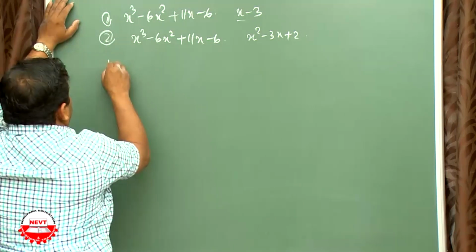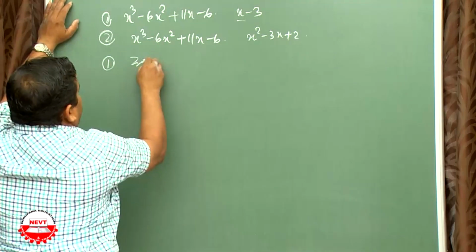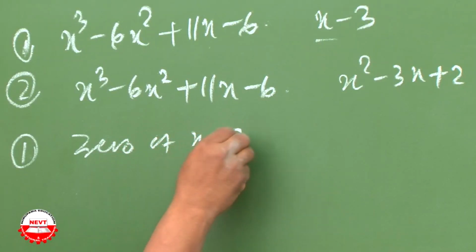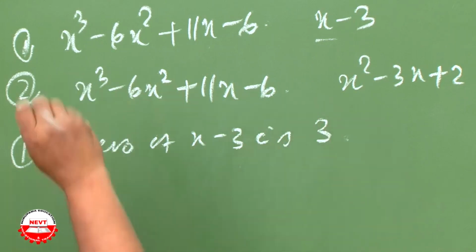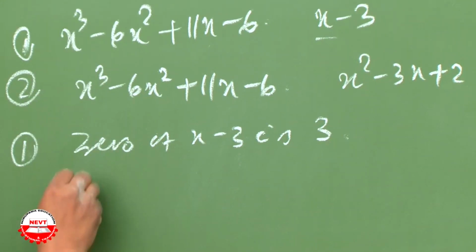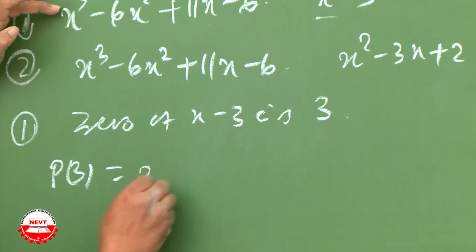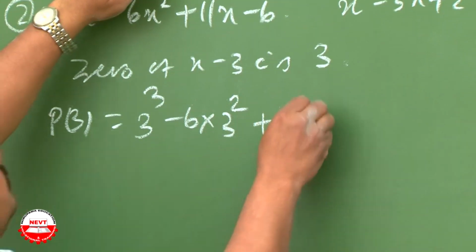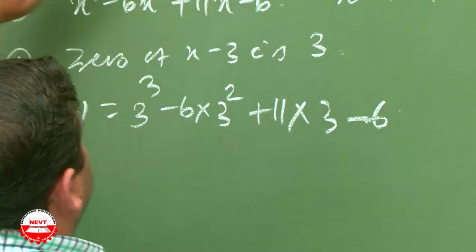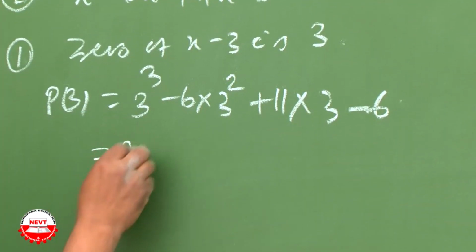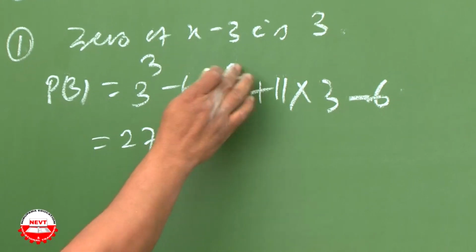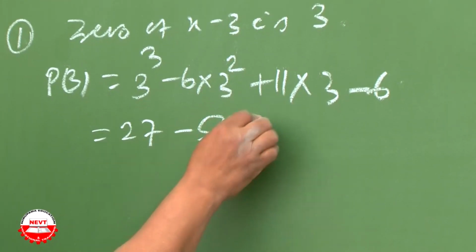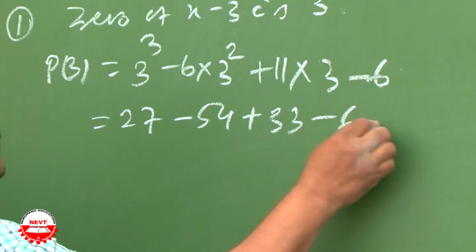In the first case, the zero of x minus 3 is 3. So what is P(3)? 3 cube minus 6 into 3 square plus 11 into 3 minus 6, okay, is equal to 27 minus 9 into 6, 54, plus 33 minus 6.